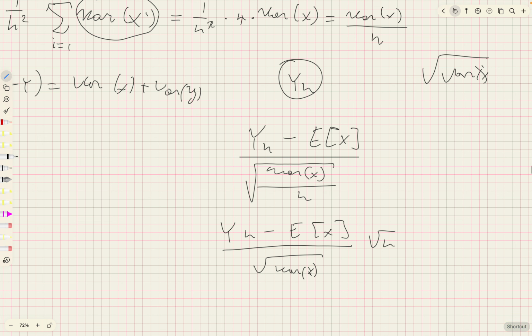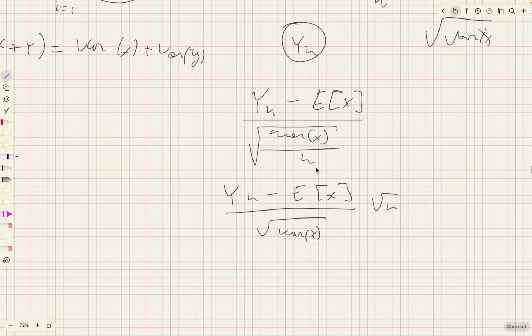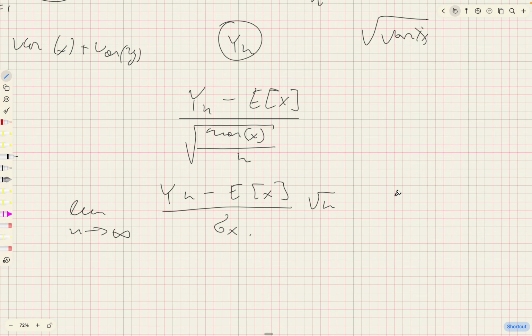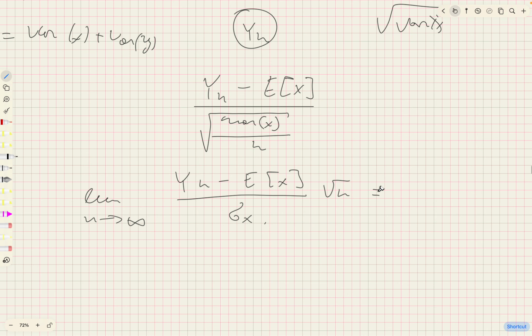So this is basically the standard deviation of X. And mathematically, what it means is that as n goes to infinity, this becomes a normal distribution with mean 0 and variance 1 squared.